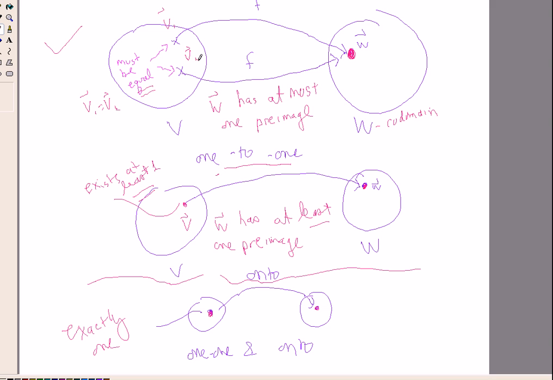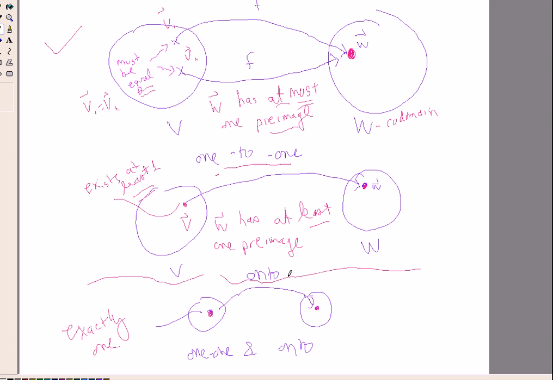So in fact, W has at most one pre-image. By pre-image, I mean a vector that maps to W. All right, so this picture here is one-to-one, and we've shown this is true.